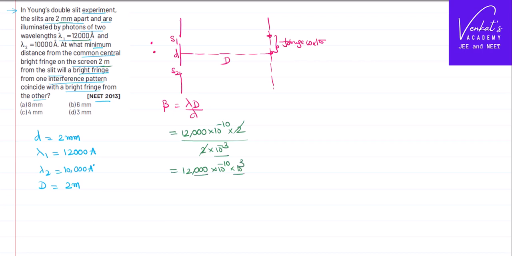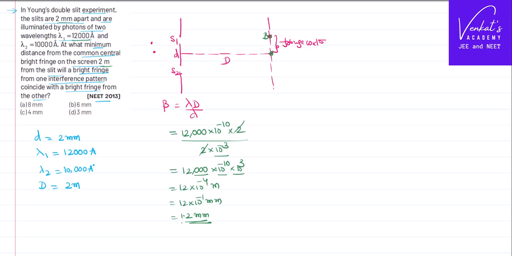That will be 12 into 10 power minus 4 meters, that is 12 into 10 power minus 1 millimeters, that is 1.2 millimeter. So the first bright spot due to the first wavelength happens at a location of 1.2 millimeter from the central bright. The second will happen at 2 times, third at 3 times, and so on.